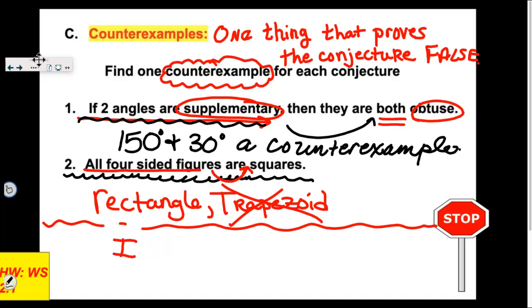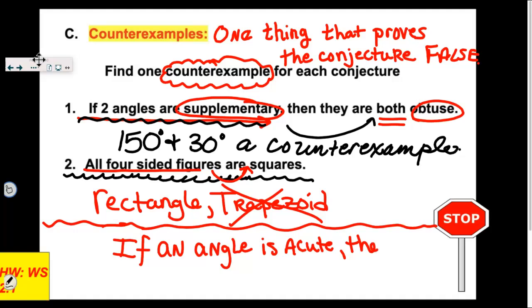So I'm going to tell you my conjecture is that if an angle is acute, remember what that means, then it is, let's say, 35 degrees.